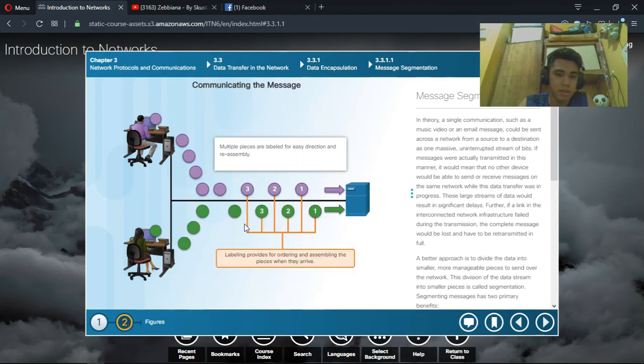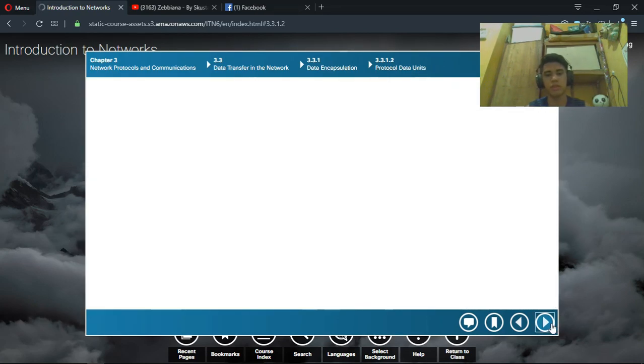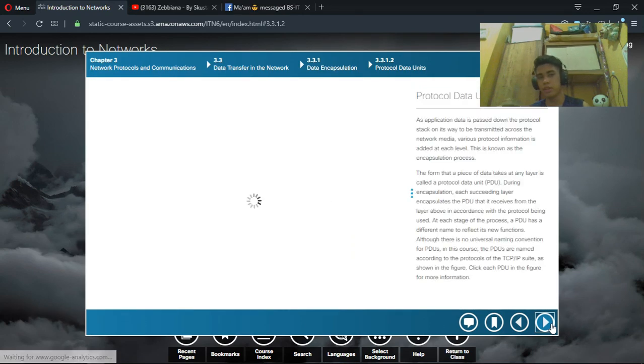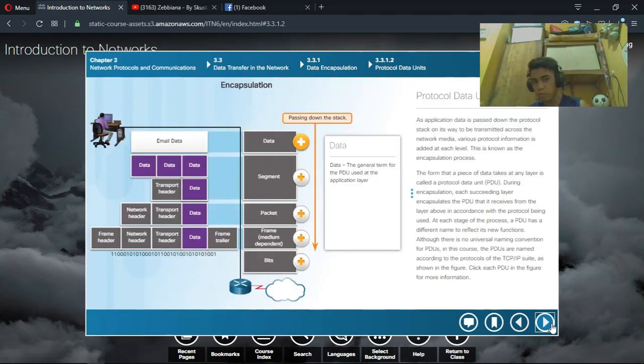Then the next is communicating with the pieces labeled for each direction. Protocol data units. Protocol data units are based on this encapsulation and this figure. Data is the general term for the PDU used at the application layer.